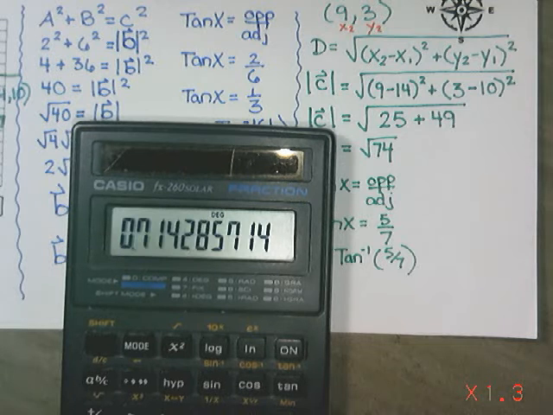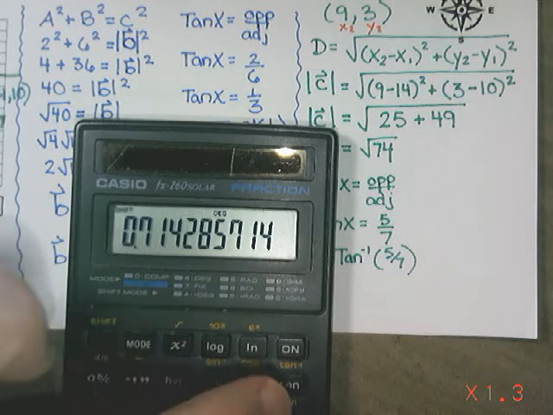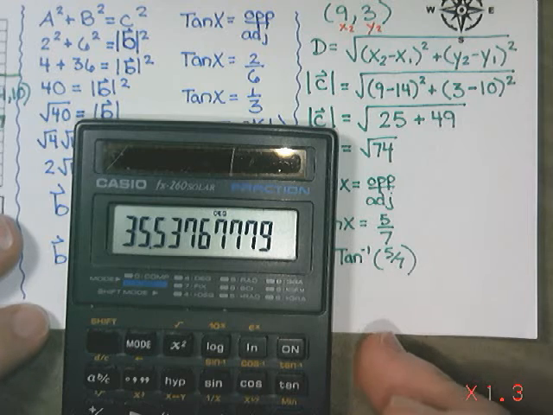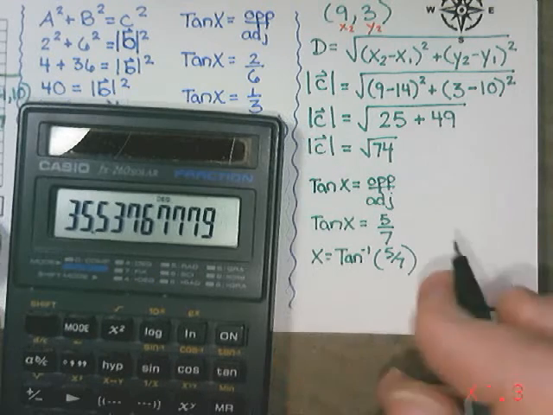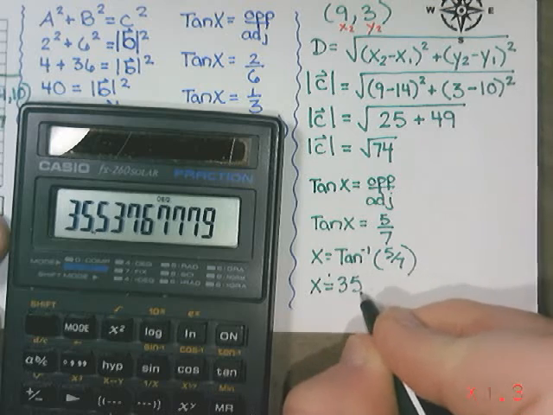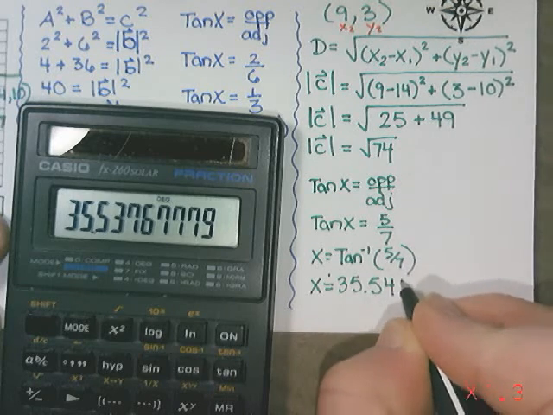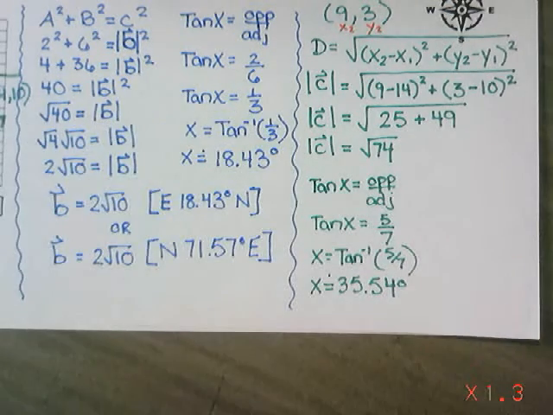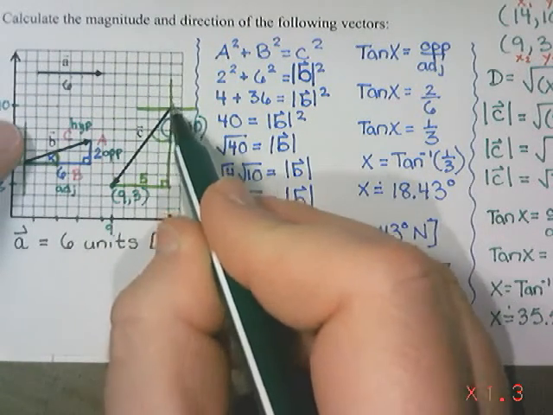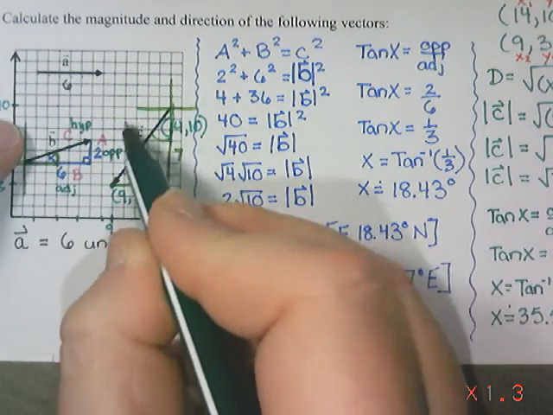So 5 divided by 7, and then inverse tan, and I get 35.54 degrees. And that angle was this one here. So this is going to be south, and then we're turning towards the west.